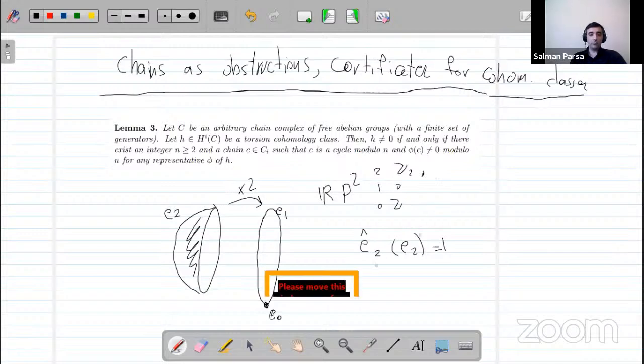Now if you compute modulo 2, the boundary of this e2 is 2 times e1, which is 0 mod 2.